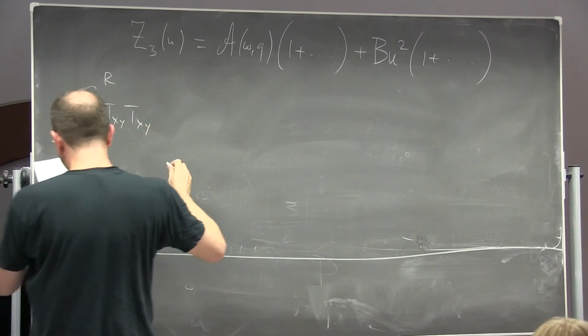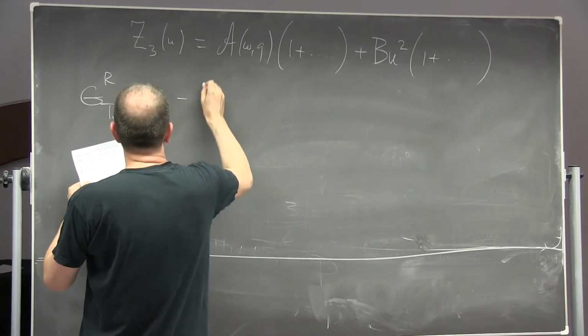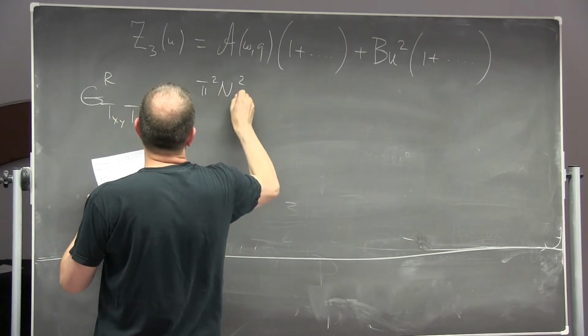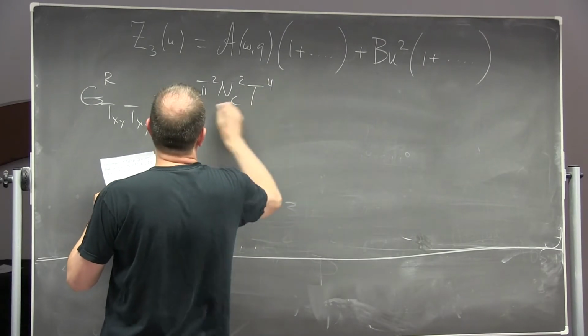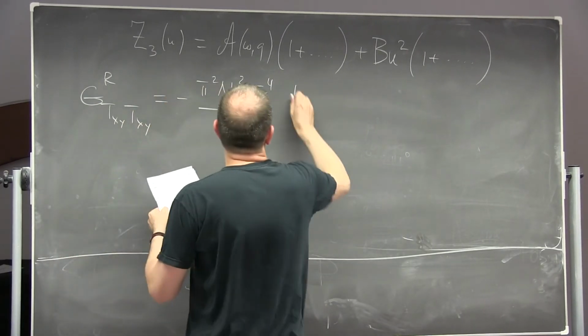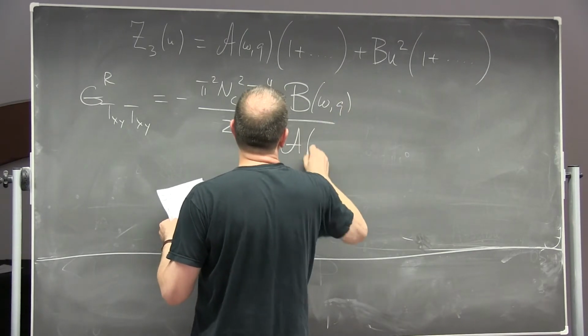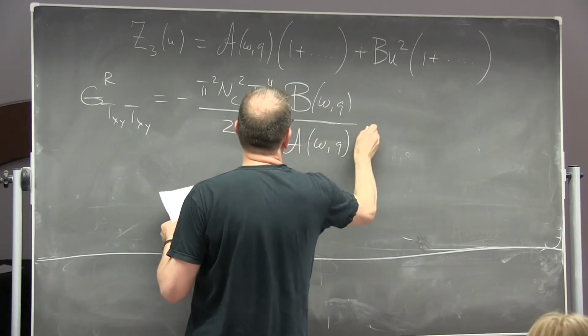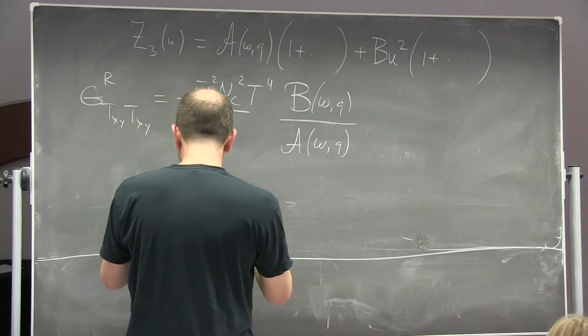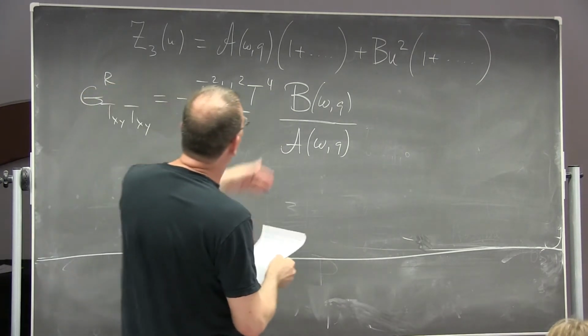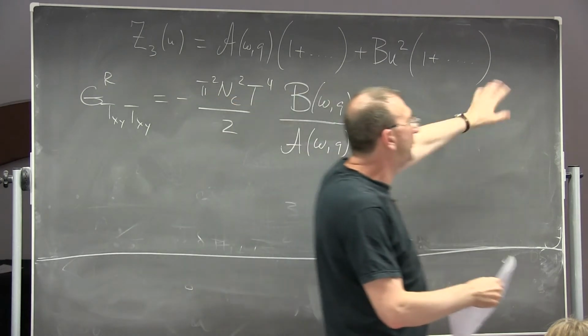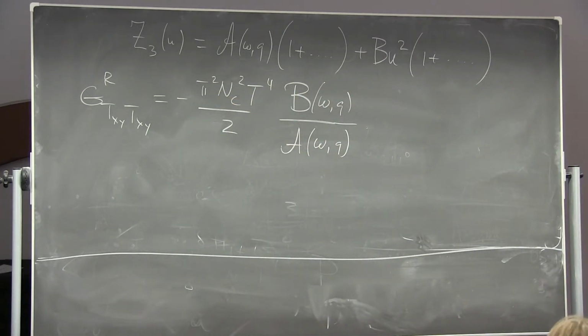Txy from the equation is actually minus pi squared Nc squared T to the fourth divided by 2, times this coefficient B as a function of omega and q, and this coefficient A as a function of omega and q. So in particular, notice that if you knew the full solution of the differential equation, then you would know the correlator for any omega, any q, right?